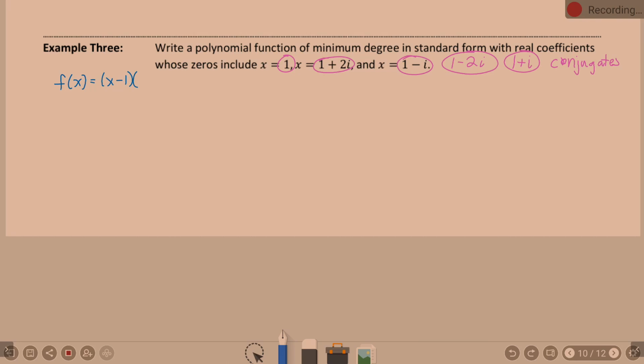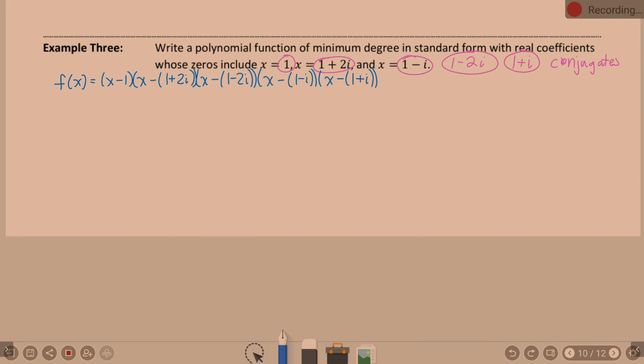So I'm going to have x minus the quantity, 1 plus 2i. And then next to it, I'm going to have x minus the quantity, 1 minus 2i. Then I'm going to have x minus the quantity 1 minus i. And next to that, x minus the quantity 1 plus i. Now, again, could you skip writing that step I just wrote if you feel confident?